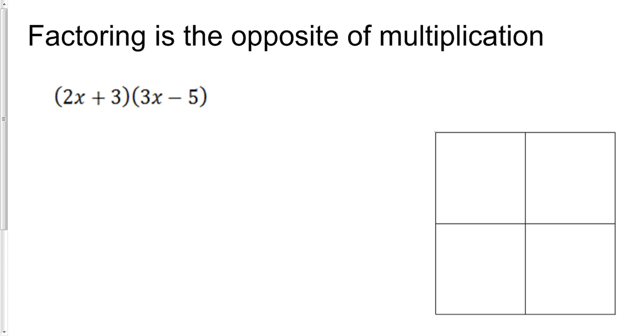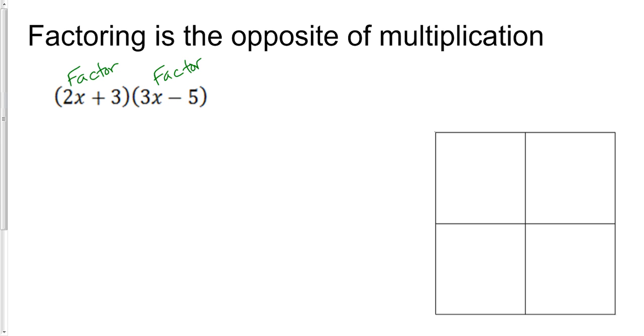We're going to start this video by comparing factoring to multiplication, and that is the exact opposite. What you have here is the example of a multiplication problem. We have 2 factors that, when multiplied together, gives us a single polynomial.